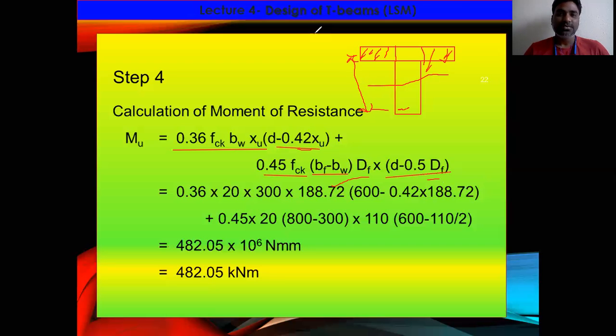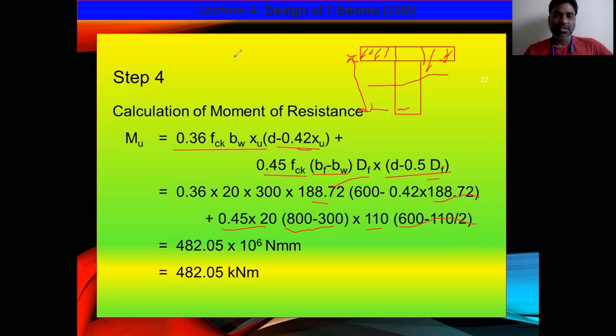So if you substitute the values in this equation, that is 0.36 into 20 into 300 into 188.72 into (600 minus 0.42 into 188.72) plus 0.45 into 20 into (800 minus 300) into 110 into (600 minus 110 by 2).